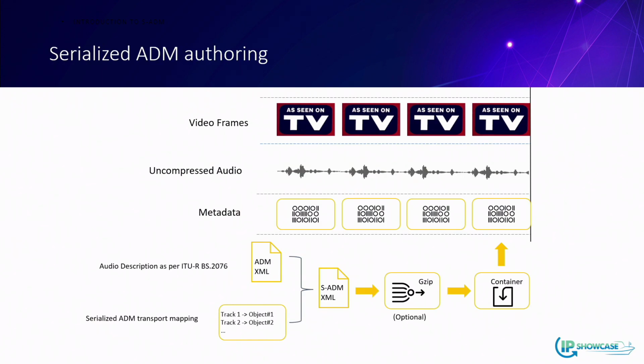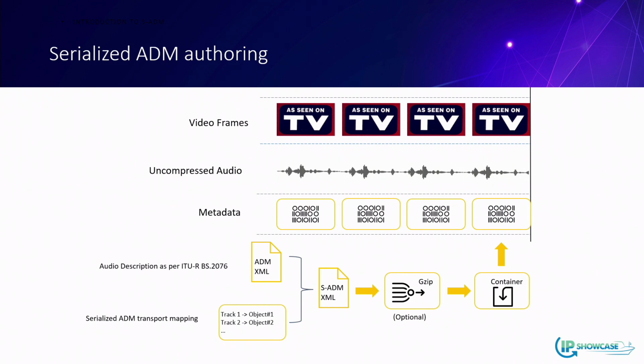So how in practice does this serialized ADM get on the wire? Well, it depends a little bit on the transport that's used, but it's basically the same idea in most cases. You take the ADM, which is the description of your audio, tells you what you've got, plus extra stuff like loudness, downmix parameters, whatever. Could be object locations as well. Then you add in a transport mapping to map those various audio elements to your physical audio tracks.